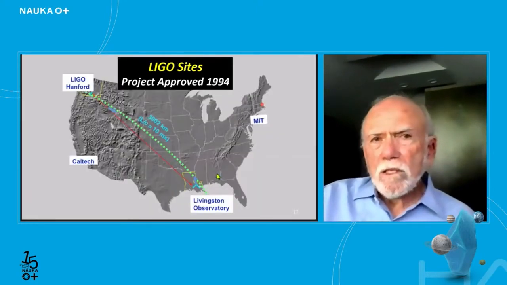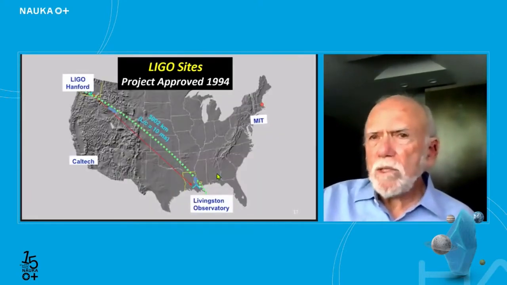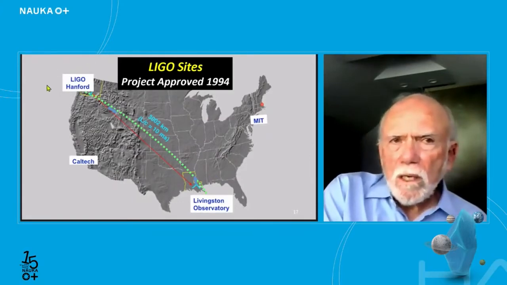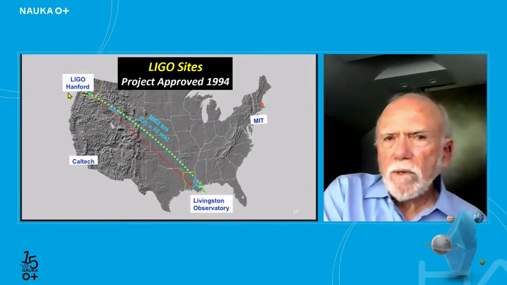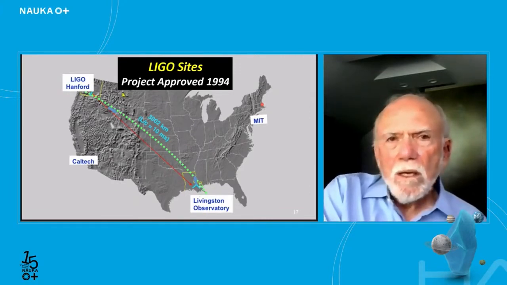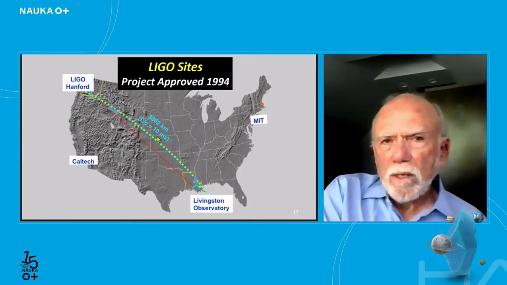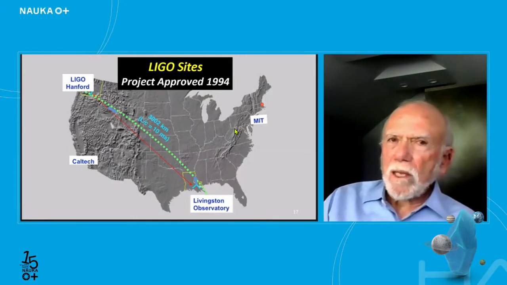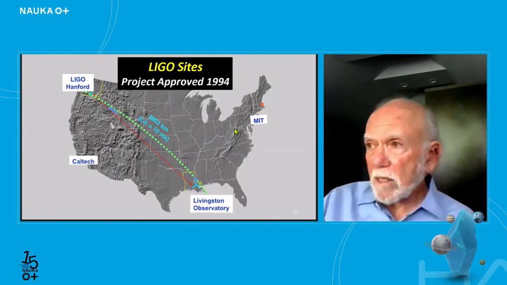Quickly, these are the detectors. We have 2 detectors in the US, one in the state of Washington called LIGO in the city of Hanford, and one in the city called Livingston in Louisiana. They're 3,000 kilometers apart, as indicated in the center. Speed of light to go 3,000 kilometers is 10 milliseconds.